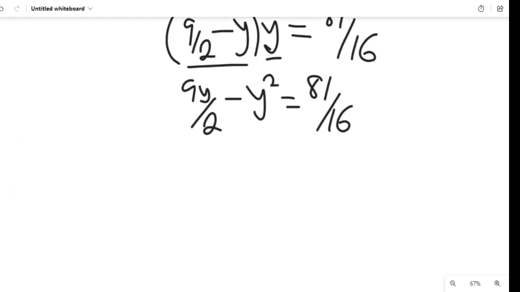Good. Now, if you look at that, we are coming close to having a simultaneous equation.